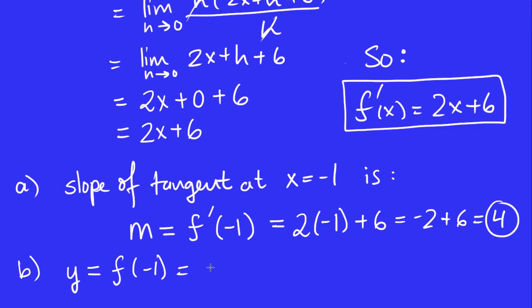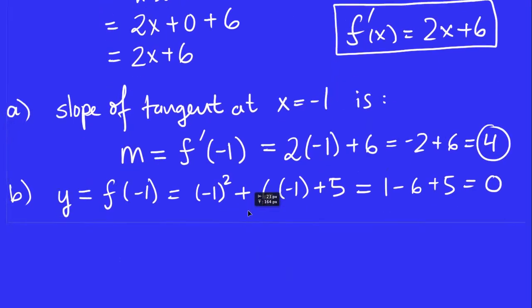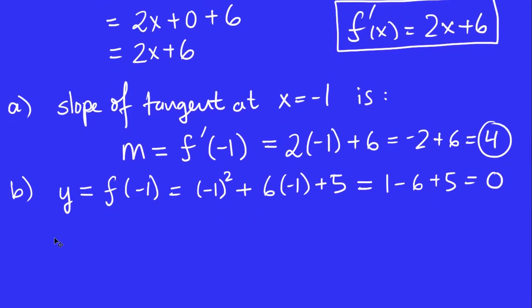So remember what f of x was? It was x squared plus 6 times x plus 5, so in this case (-1) squared is 1, minus 6, plus 5, and that's actually 0.